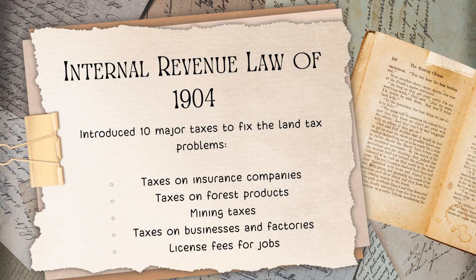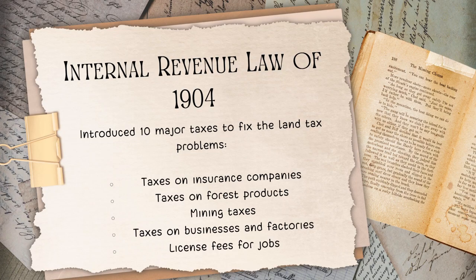Next is the taxes on forest products. Money collected from those who cut down trees or use other resources from forests like wood and bamboo. Mining taxes. These are fees paid by people or companies allowed to dig for minerals like gold, copper, and gold. Next is the taxes on businesses and factories.